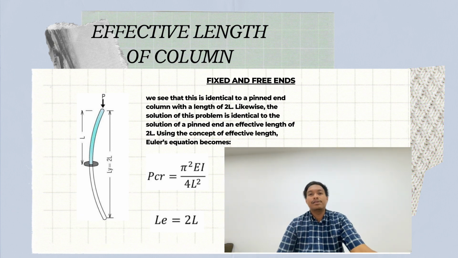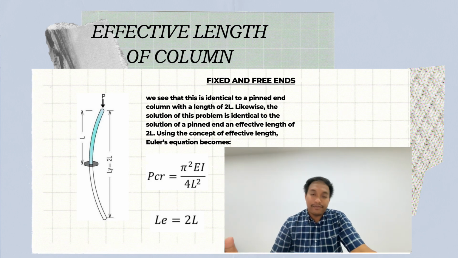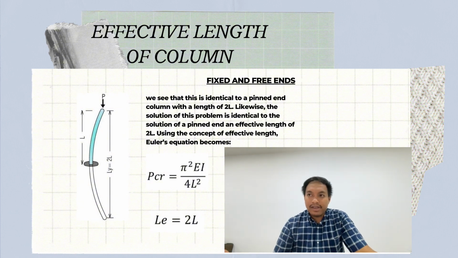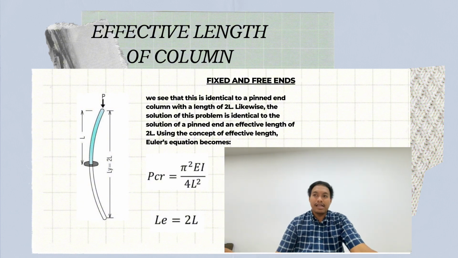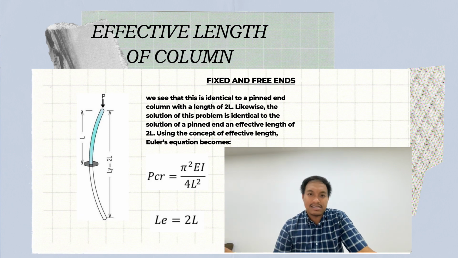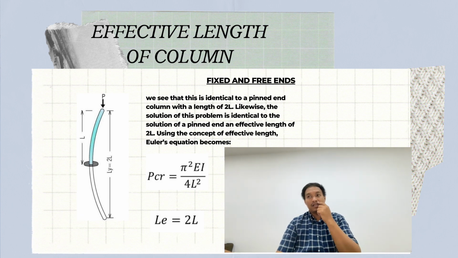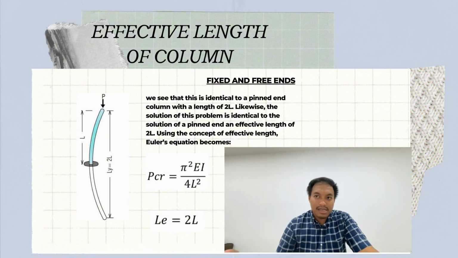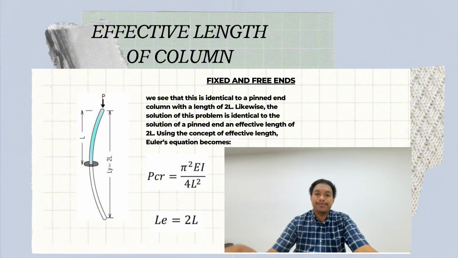For the second condition, when the ends of the column are free, they are able to rotate and deflect. In this case, the effective length is typically less than the actual length of the column. The effective length factor depends on the ratio of column actual length to the least radius of gyration.